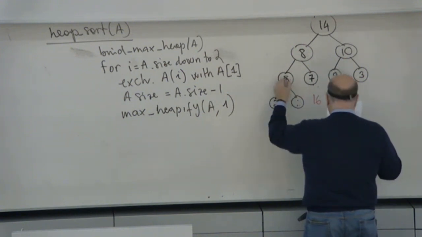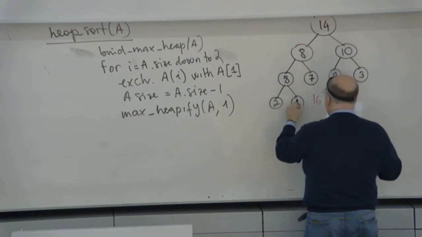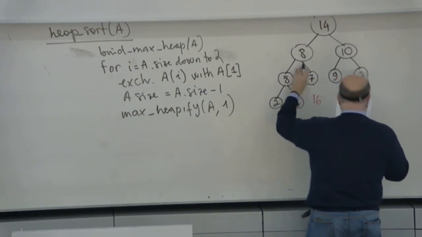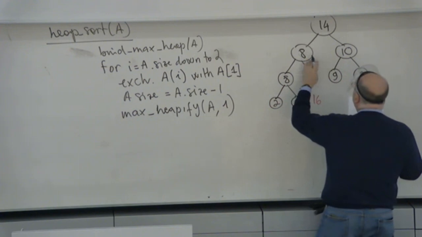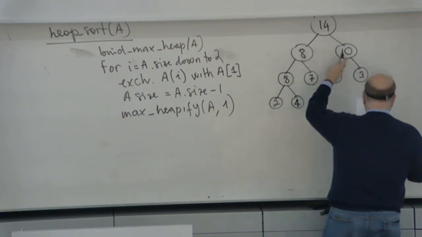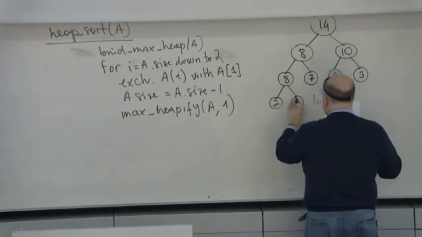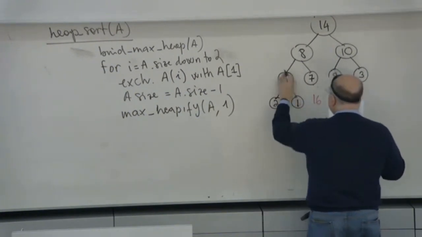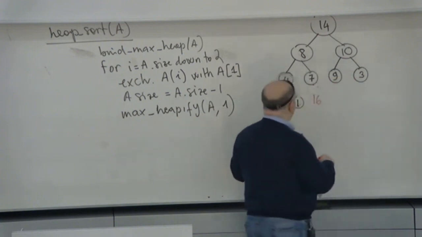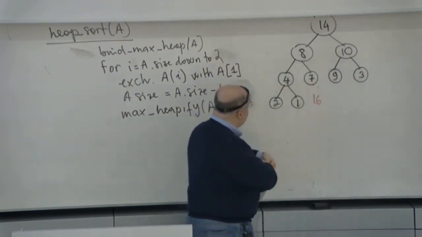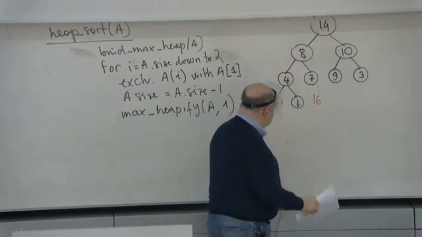Sorry, guys. It was 8, 7, 2, 4. That was 14. Yes, but 14 goes up. 8, 10, 8, 7, 2, 1. Yeah, it's okay. No, I was correct.